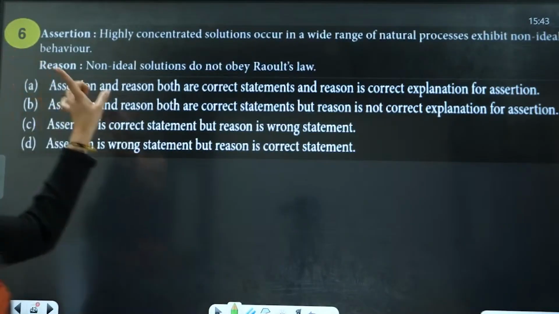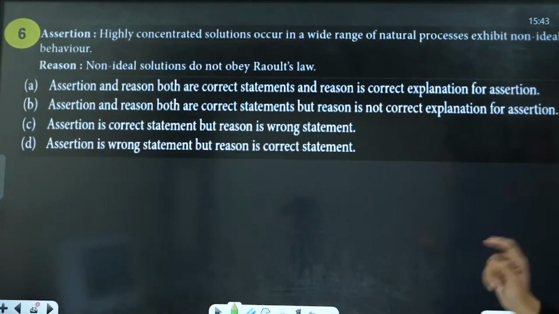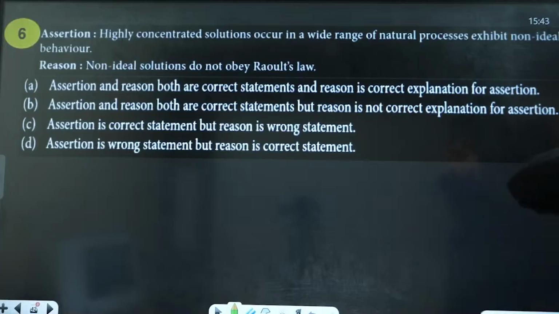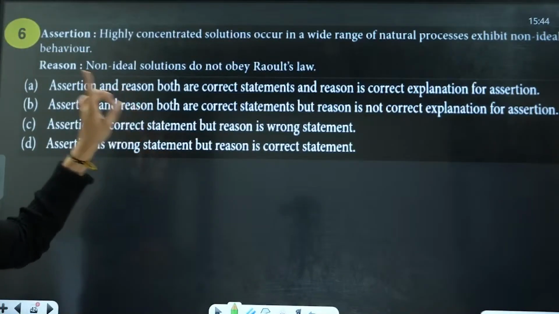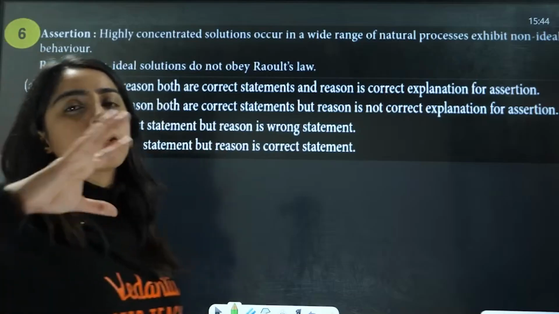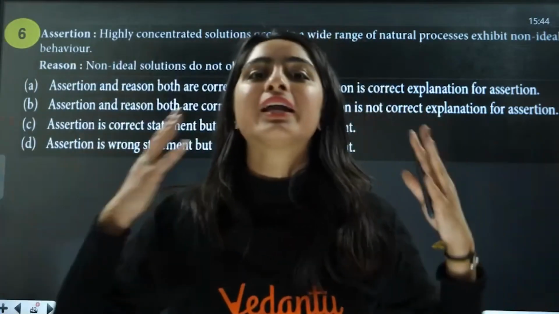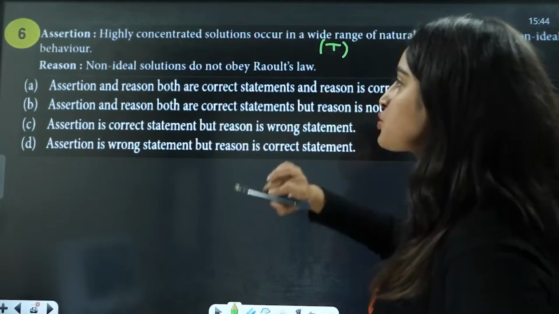Yes. Next is highly concentrated solution. Highly concentrated solution occurs in a wide range of natural processes, that is, non-ideal solutions occurring in our environment are usually non-ideal. That statement is true.